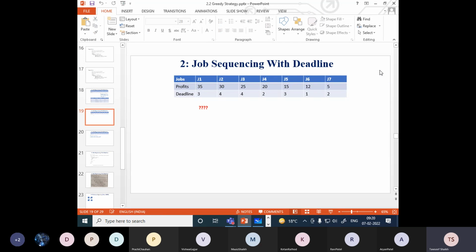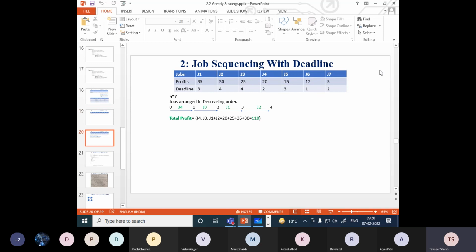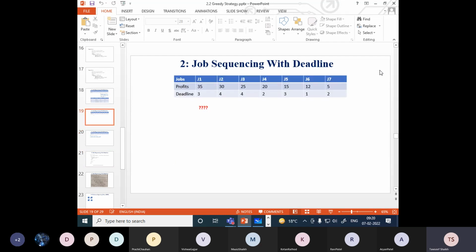So let me keep it untouched and we will shift to the next. The only thing is the number of jobs has increased by 2, the deadlines are given, and you have to see which is the maximum profit this typewriter will give, allocate it first, then see who comes in the line. Accordingly, the same logic will be followed here also.